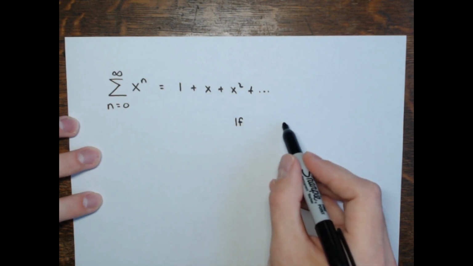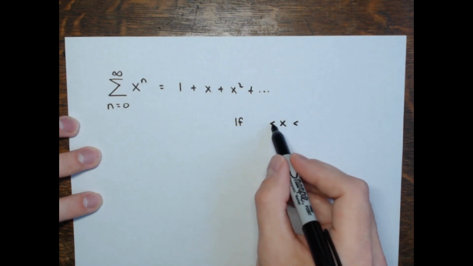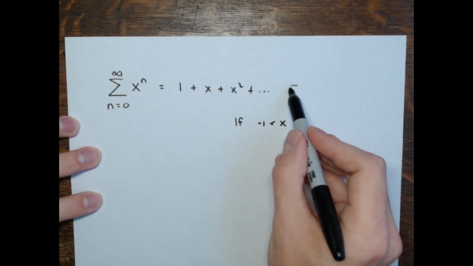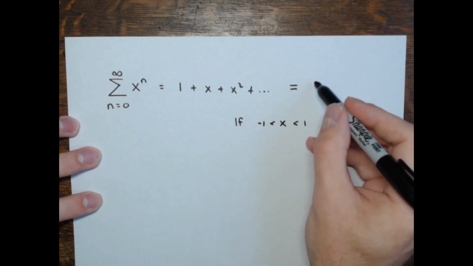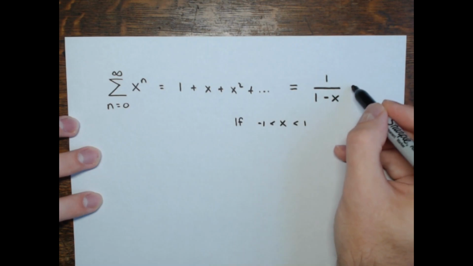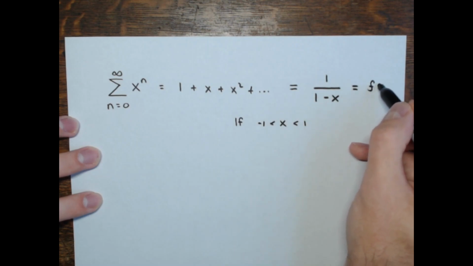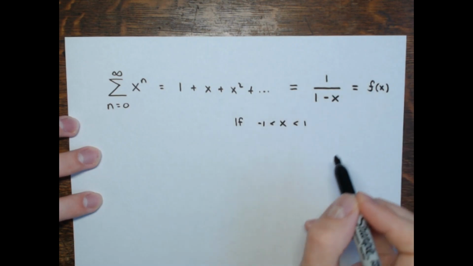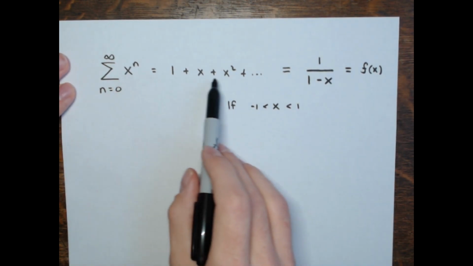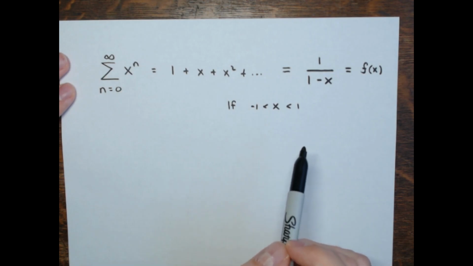And if x is between -1 and 1, this series will converge to 1 over 1 minus x. And again, I'll call this little f of x. All right, so interval of convergence for your geometric series is -1 to 1.